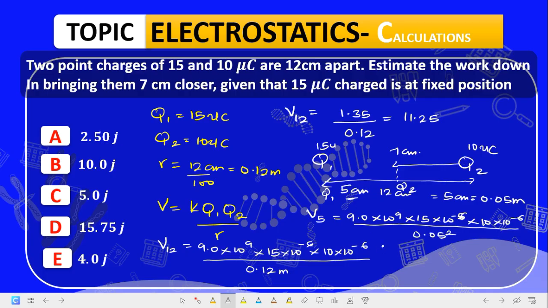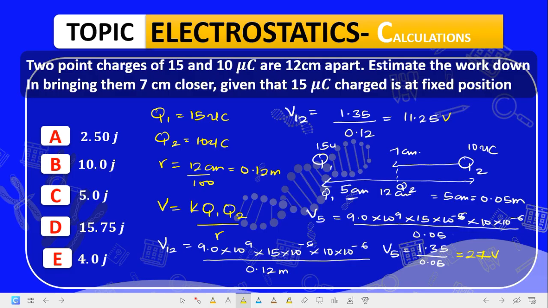Now when you simplify, the potential at 5, simplify what is on top, automatically you know this will give us 1.35. Then what is under is 0.05, and when you simplify this, it's going to give us 27 volts.